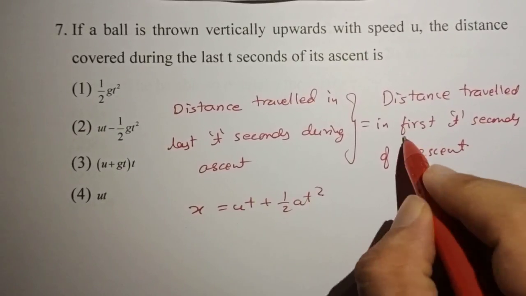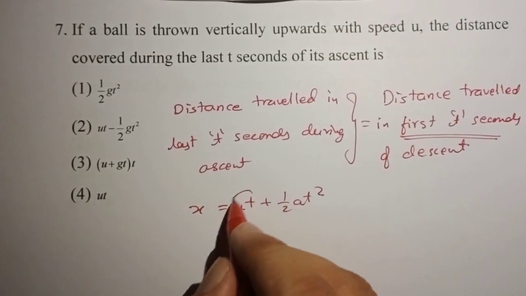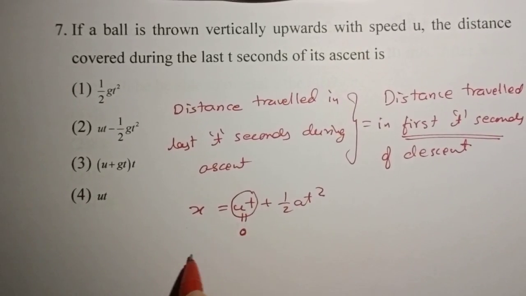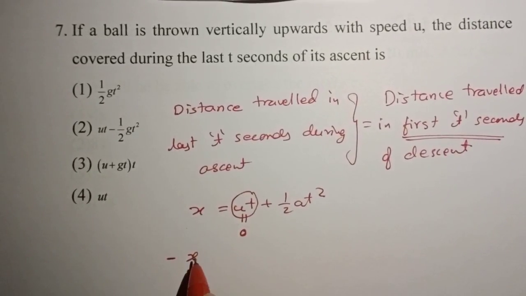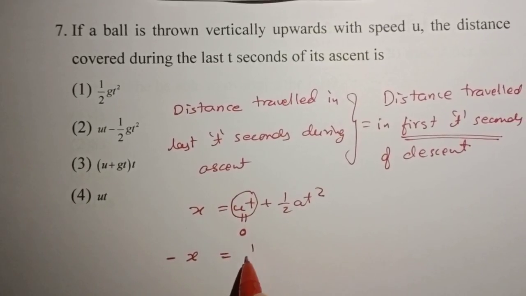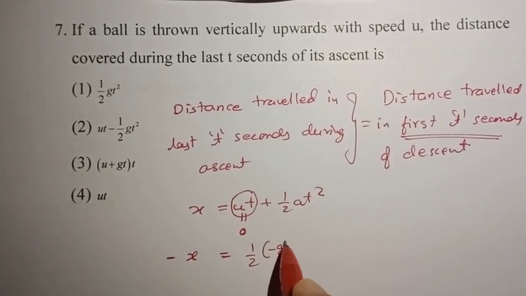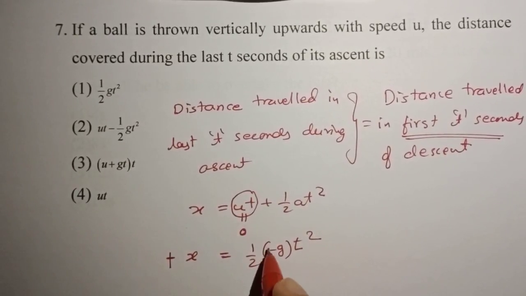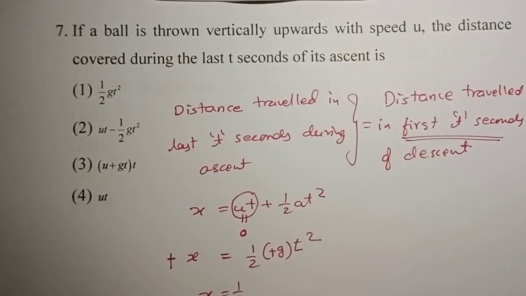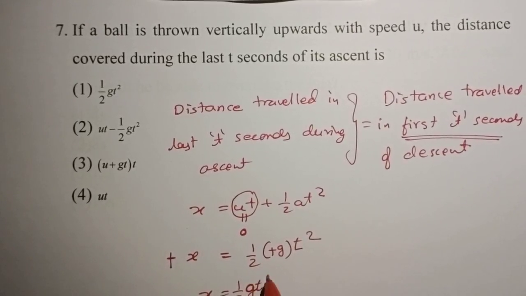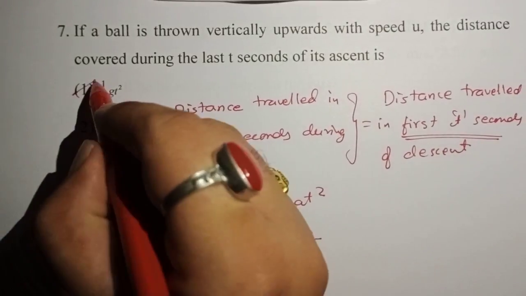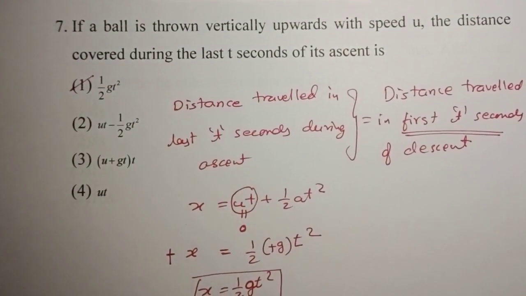For the first t seconds, the initial velocity u is 0 and the object is coming down, so in place of x I write minus x equal to half into minus g into t square. The negatives cancel, so x is equal to half gt square. Therefore the distance traveled in the last t seconds of ascent is half gt square.